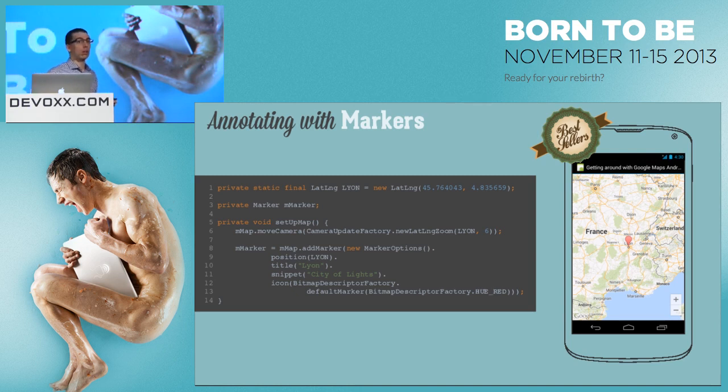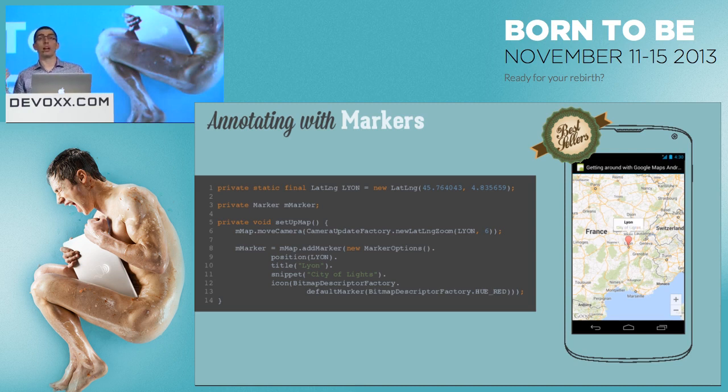This addMarker method always takes a MarkerOptions, which is like a bundle of properties for this marker. Here, I set the position of this marker to Lyon, which is where I live in France. I set the title of this marker. I set the snippet, City of Lights, and then I set the icon to the default icon in the red tint.